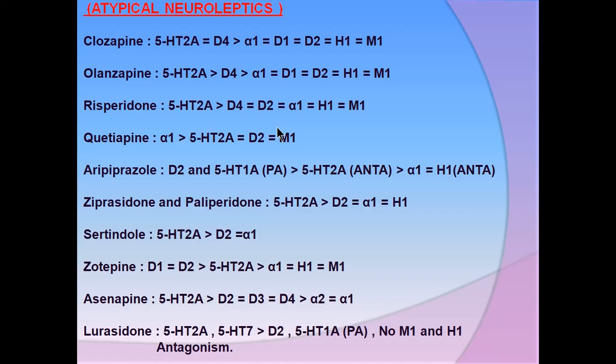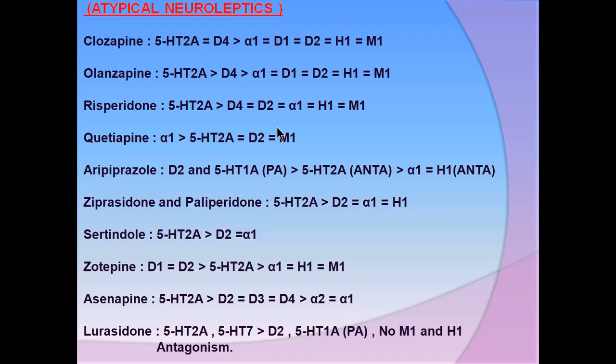Next drug, zotepine, has more affinity for D1 and D2 than that for 5-HT2A and which in turn has more affinity than that for alpha 1, H1 and M1.